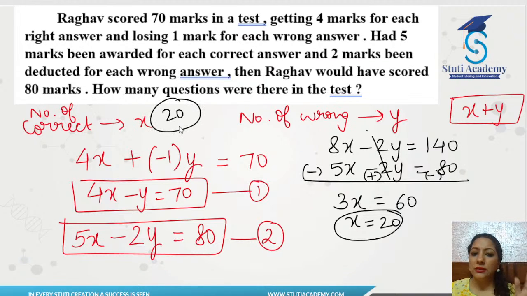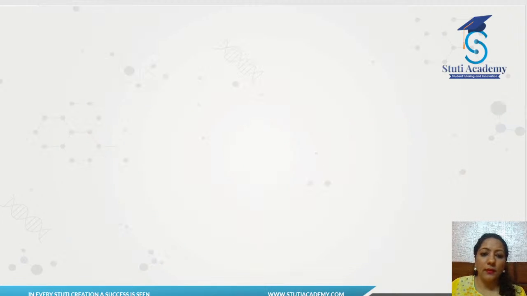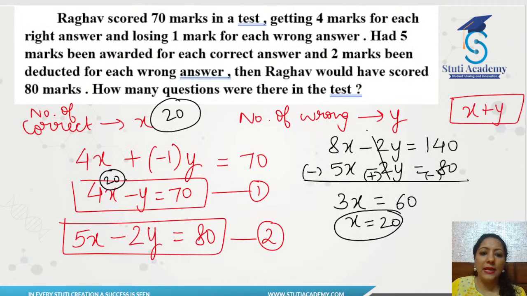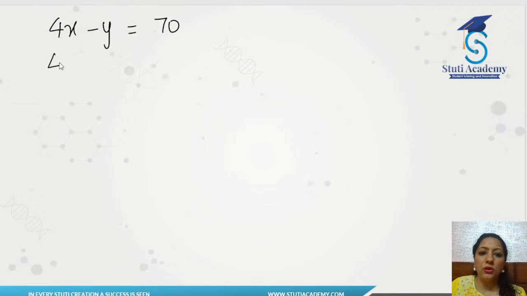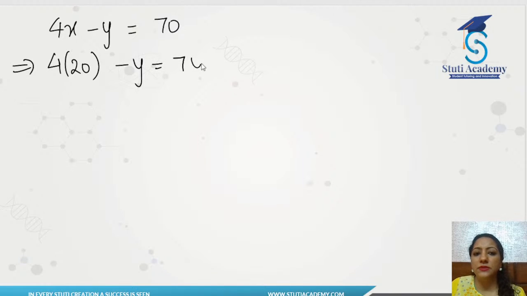Now we are going to take this 20 and put it either in the first equation or the second one. We're going to put it here. Here we have 4x minus y is equal to 70, and we are going to take x is equal to 20 here. So 4 times 20 minus y is equal to 70.